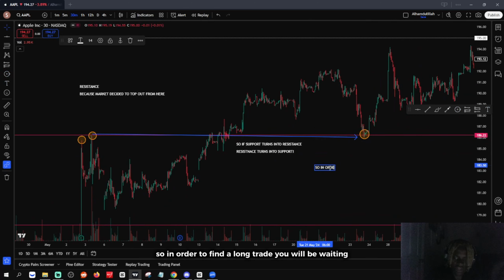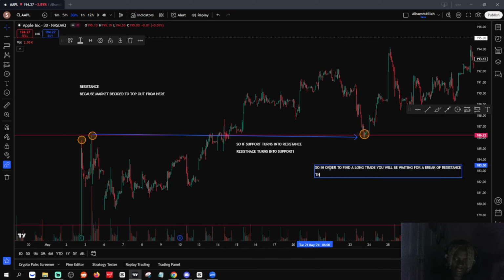So in order to find a long trade, you will be waiting for a break of resistance. Then you're going to wait for resistance to turn into support.